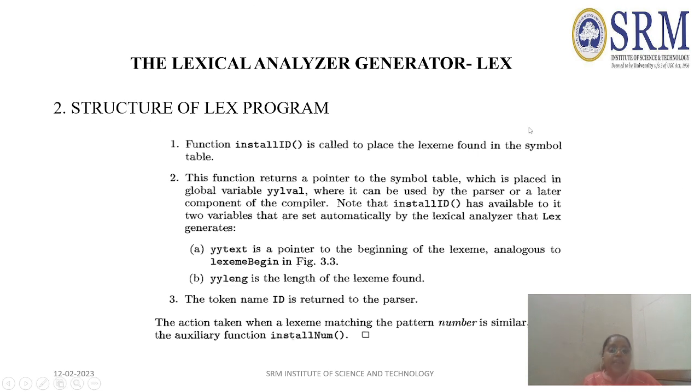The installID function is used like this. In input buffering there are two pointers: the lexeme beginning and the forward pointer. The lexeme beginning points to the first letter of the lexeme, and the forward pointer will move on. Once it finds some blank space, if this lexeme matches the pattern, it announces this is a token, right?